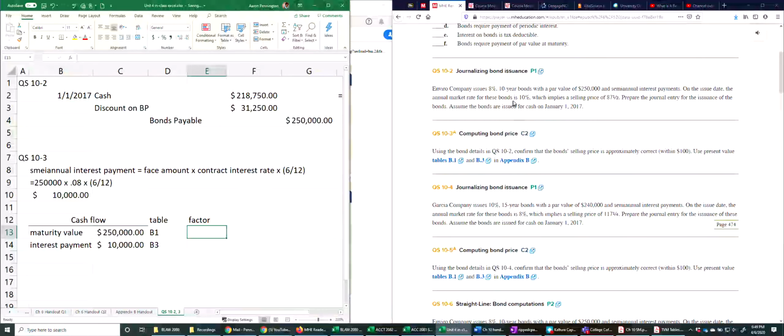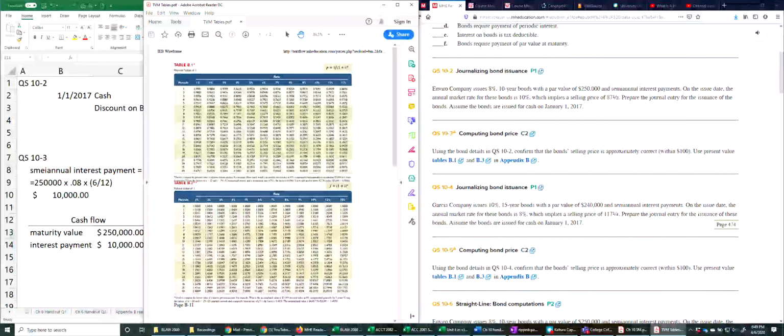So we're going to use our 10% rate, but the bonds are semi-annual, which means interest is paid twice a year.